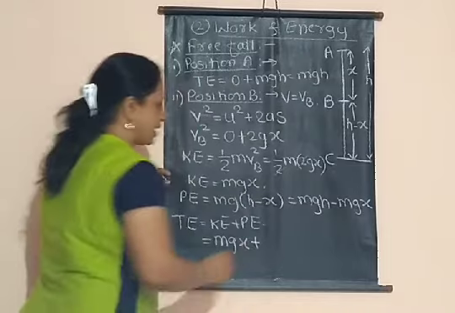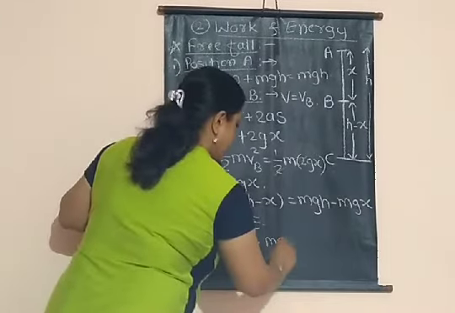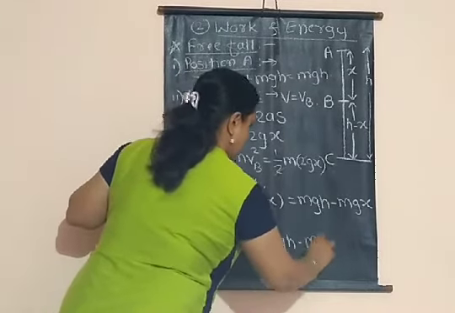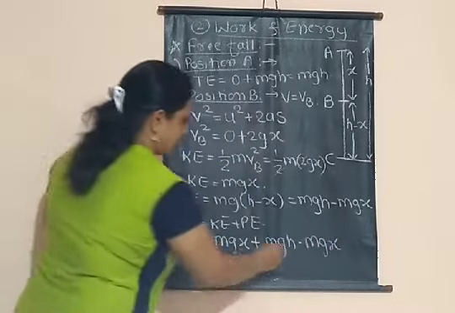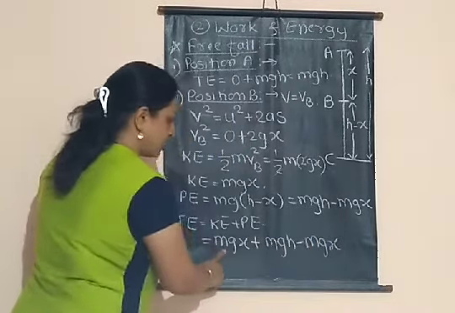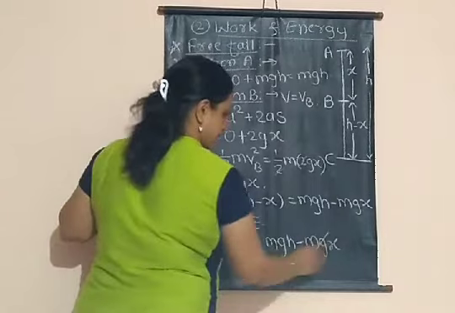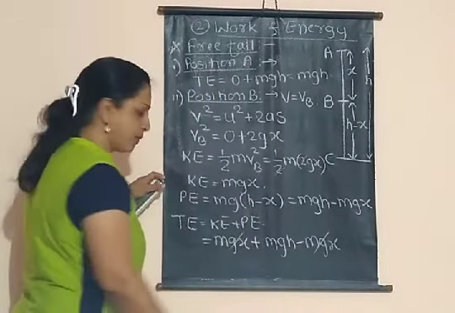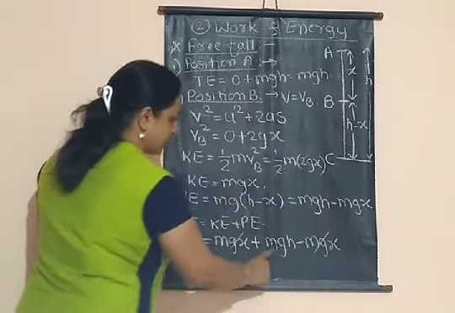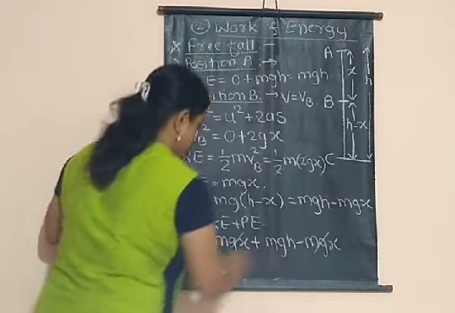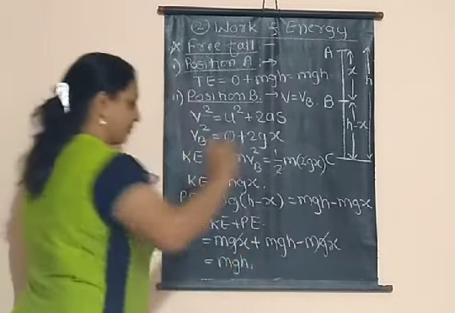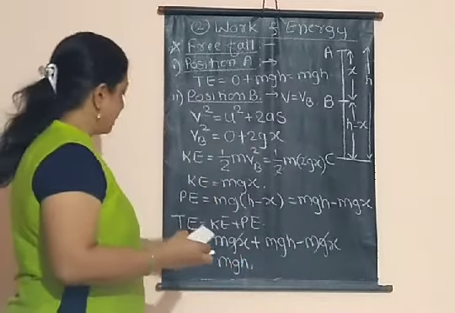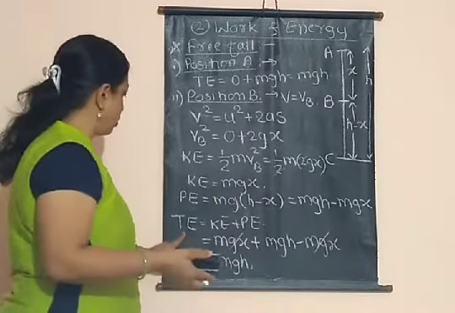And the potential energy? mgh minus mgx. Got it? Then we can cancel these two terms, mgx minus mgx, and we get the total energy, that is mgh. So we get such a formula for the total energy.